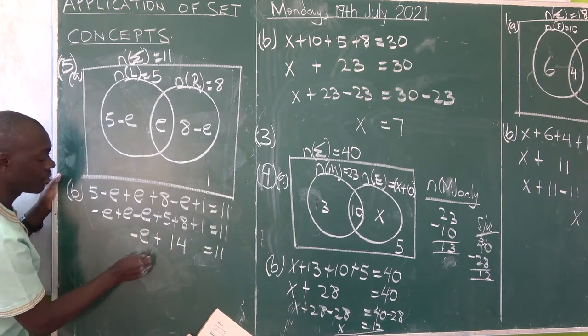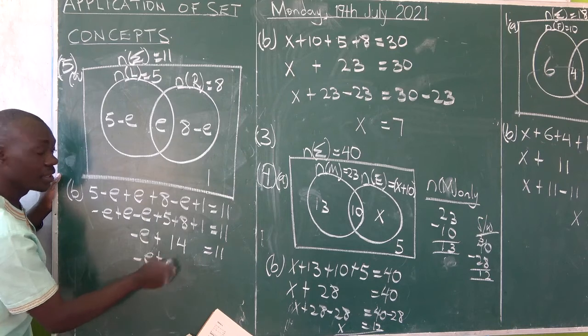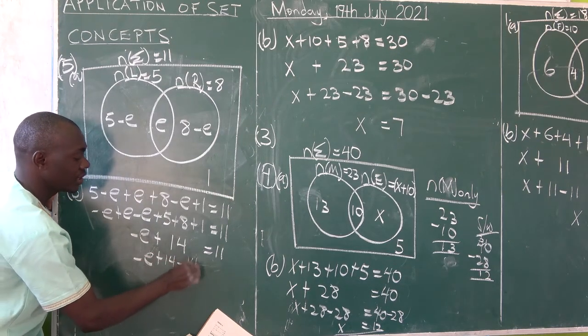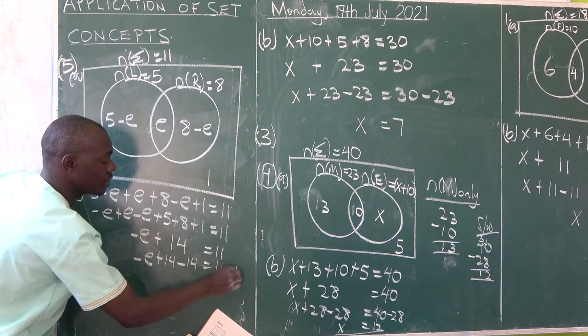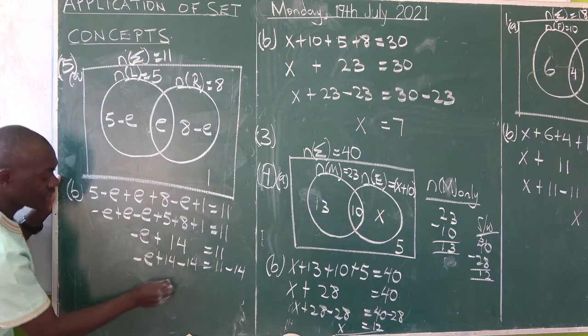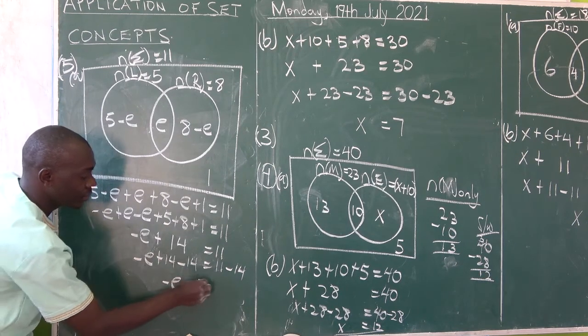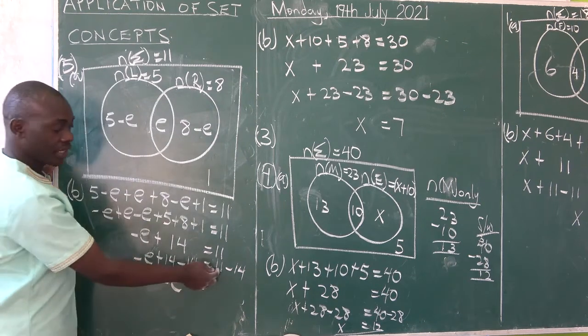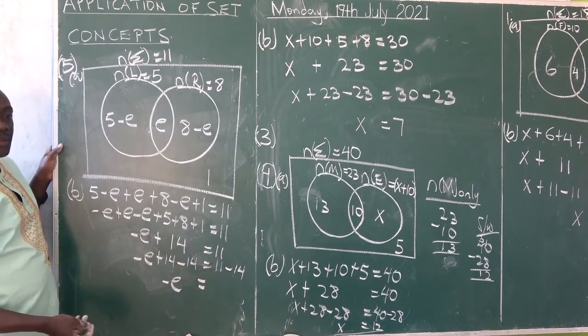Thank you. So we go negative e plus 14 minus 14 is equal to 11 take away 14. Good. 14 minus 14 is 0. I've got negative e, which is equal to, William, 11 minus 14.